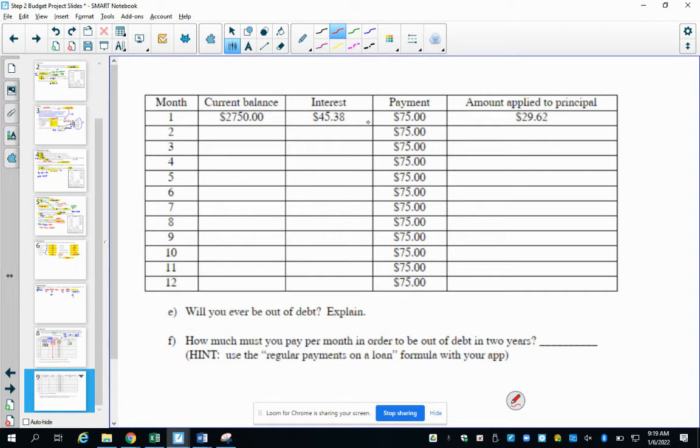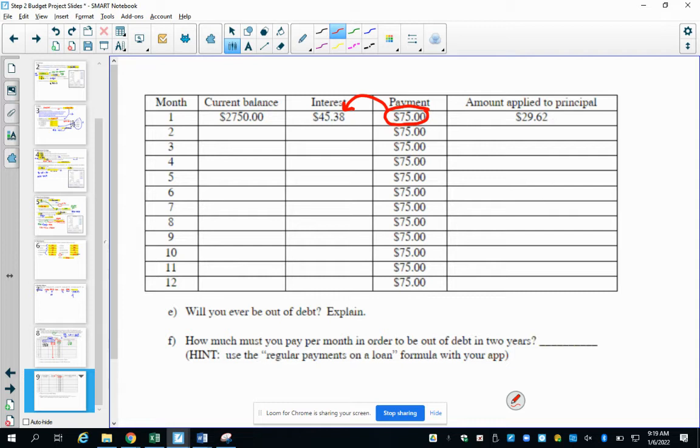So now you actually are paying the principal because, again, here's your payment, here's the rent you had to pay, and any extra goes to principal. So how much did you pay over the interest? 75 minus 45.38 is 29.62.